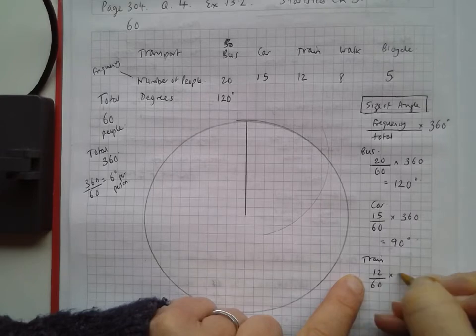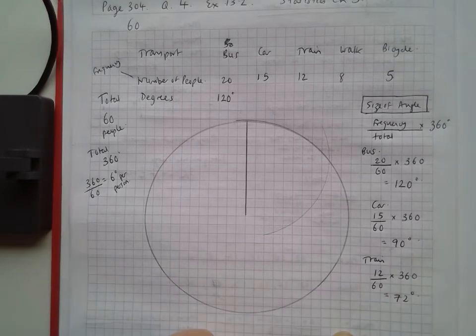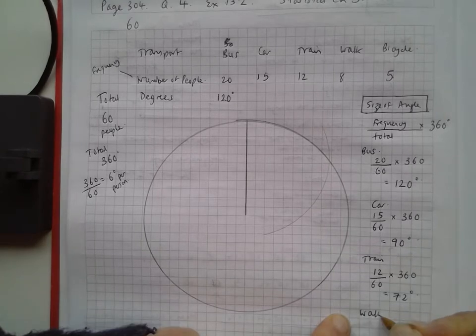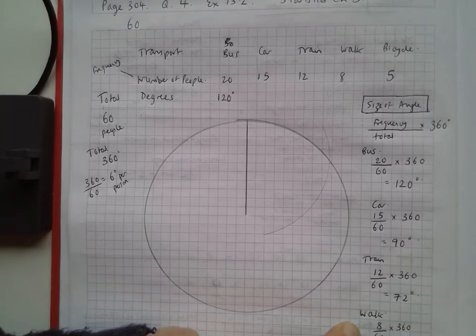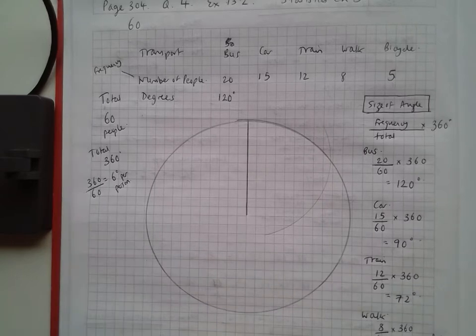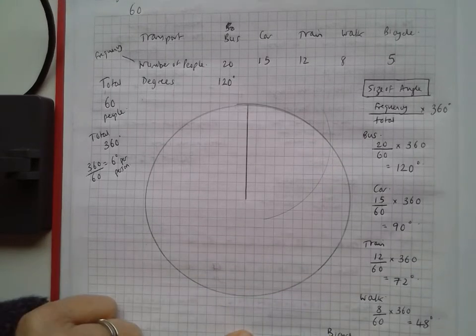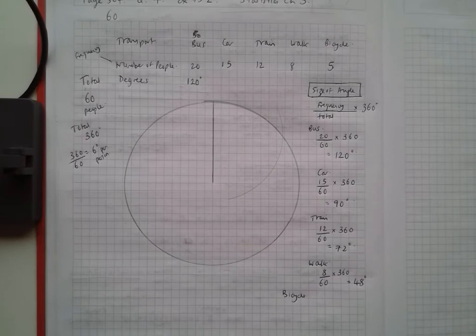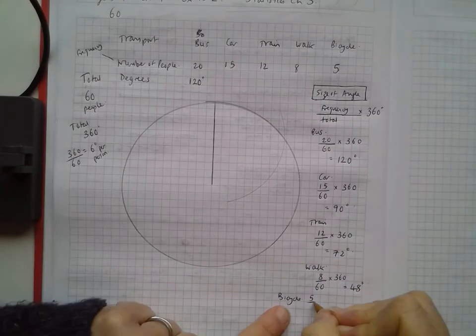For walking, it would be 8 out of 60 times 360, which would be 48 degrees. And finally, for the bicycle, we would have 5 out of 60 times 360, which would be 30 degrees.